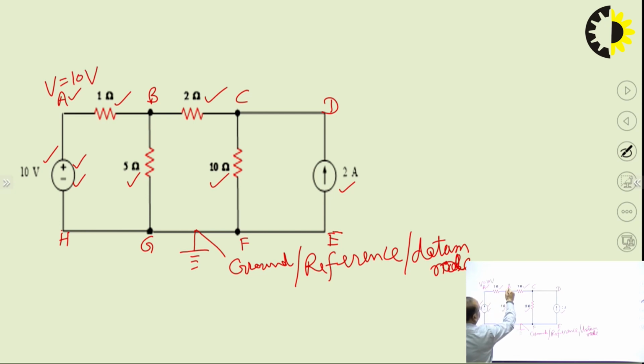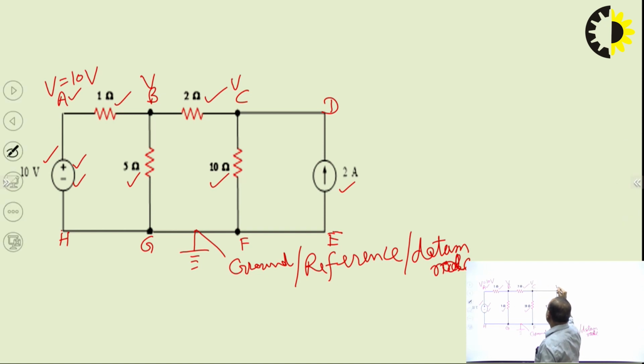Now at terminal B, the potential will be different from terminal A potential, since between A and B we have this 1 ohm resistance. So with the passage of current through this, some voltage drop will take place. That is why the potential of terminal B will be different from terminal A. Similarly, terminal C potential will be different from terminal B, since again there is a resistance between B and C. So voltage drop will be there with current flow in branch BC.